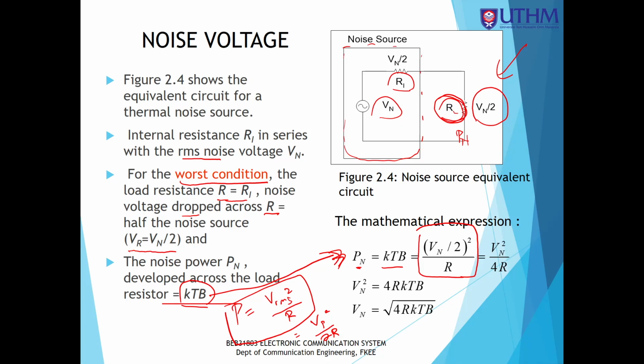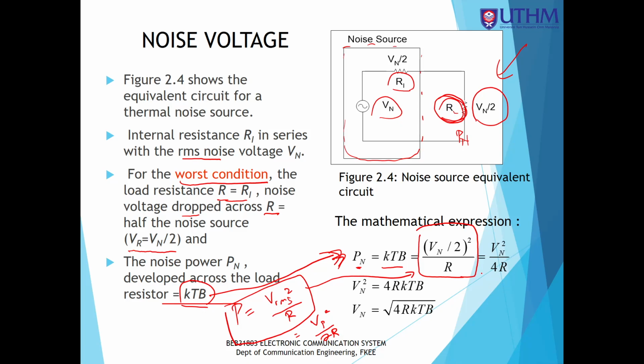So V RMS is Vn over 2, so Vn over 2 squared divided by R is equal to Vn squared divided by 4R.